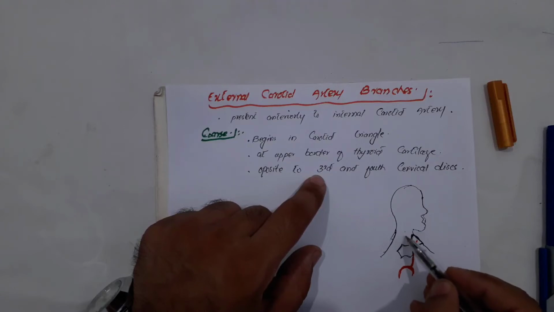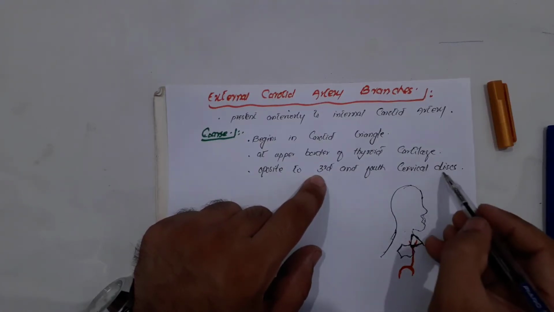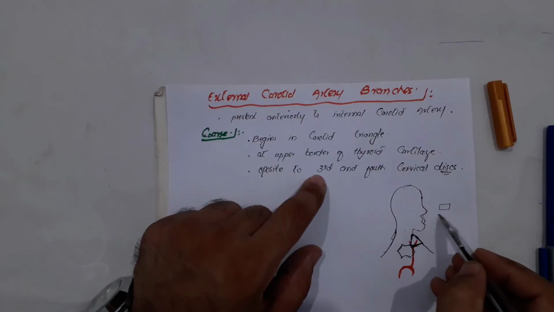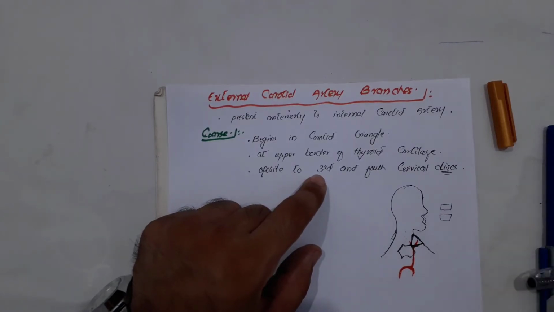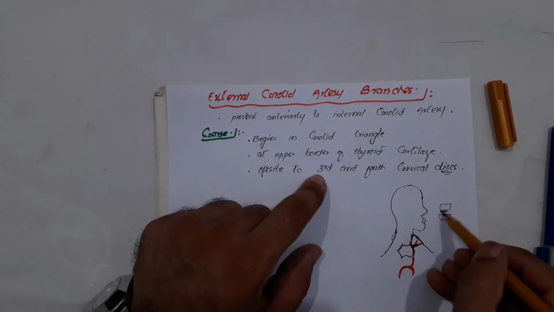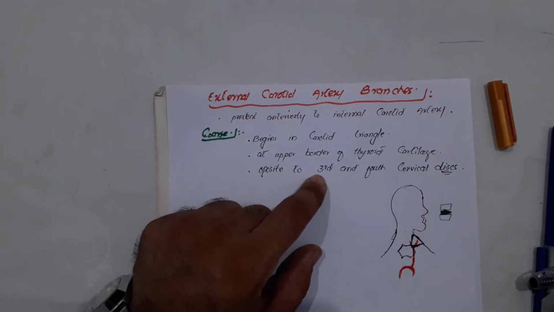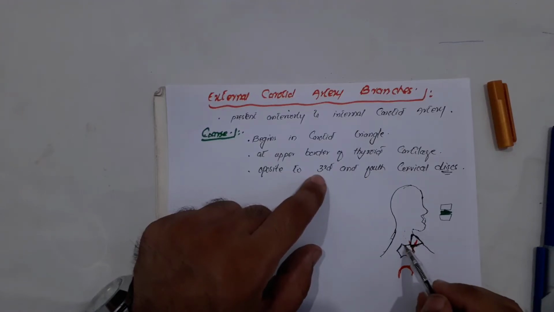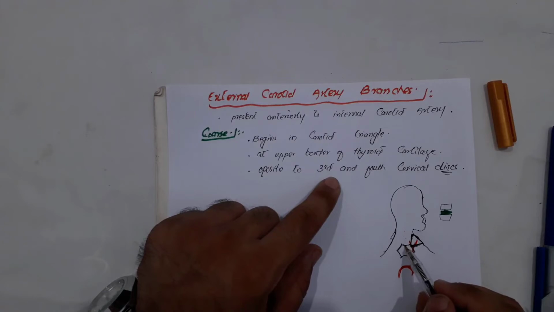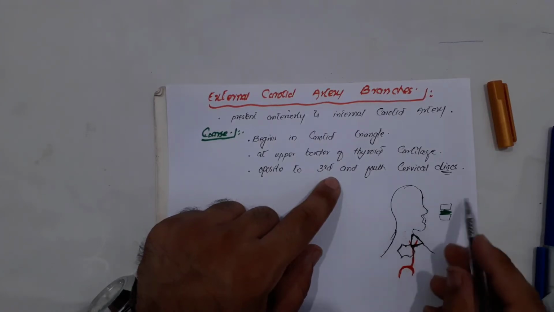If you look posteriorly, there will be the discs of the vertebrae. If this is one vertebra and this is another vertebra, between these vertebrae there are cartilages, and these are called the intervertebral discs, right? So here will be the discs of the third and fourth cervical vertebrae.